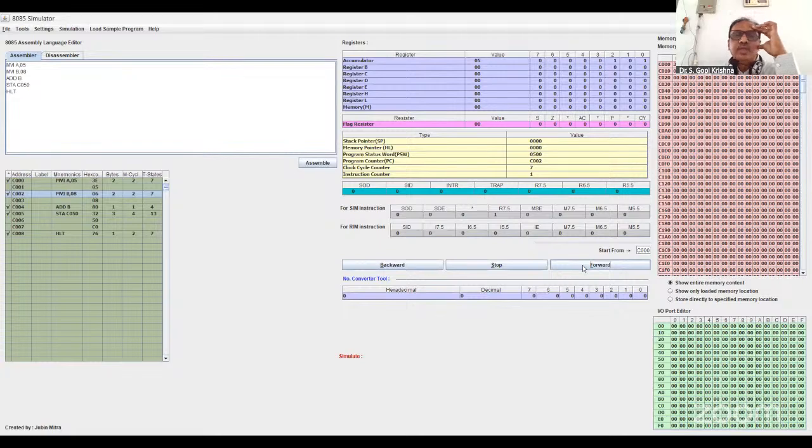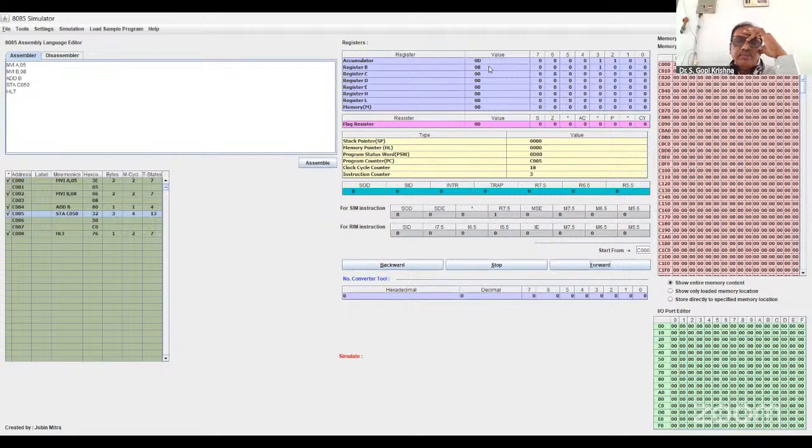After executing the first instruction, the accumulator is stored with 05. Then the B register is stored with 08. Then the 08 is added to the A register, and the A contents after this instruction will be 0D because it is a hexadecimal number.